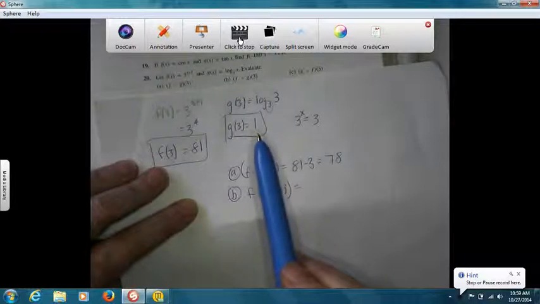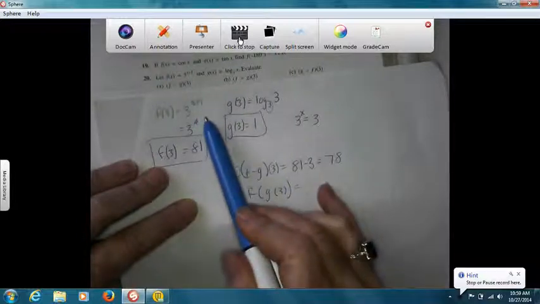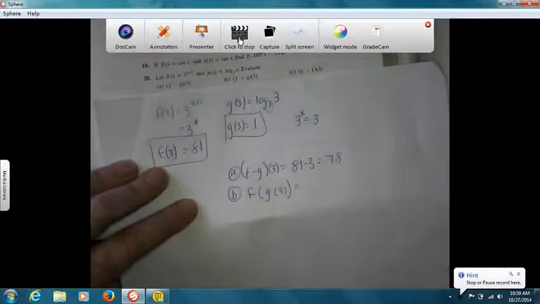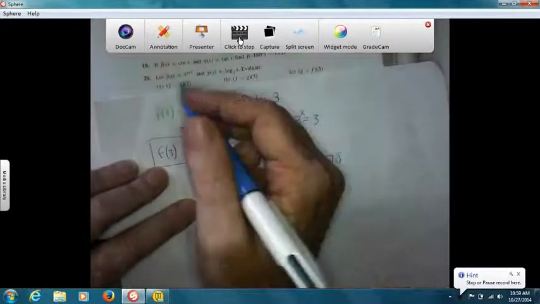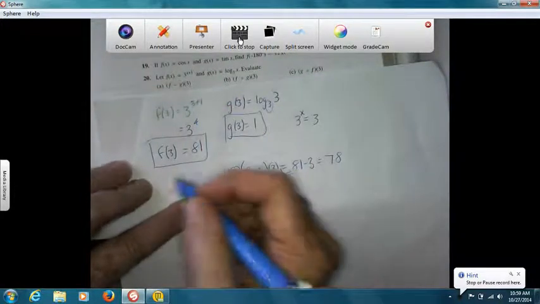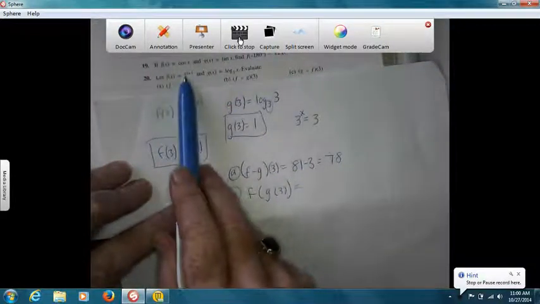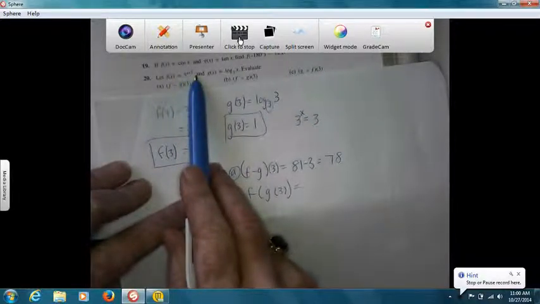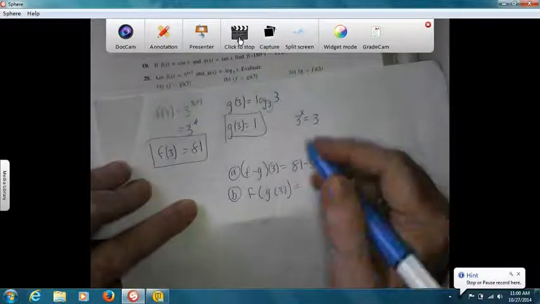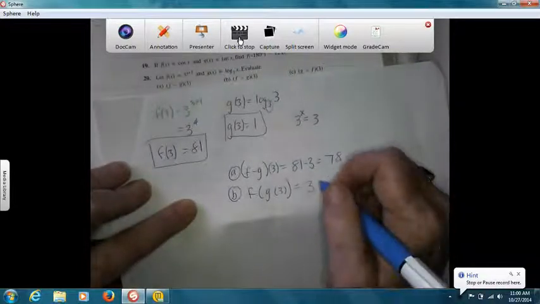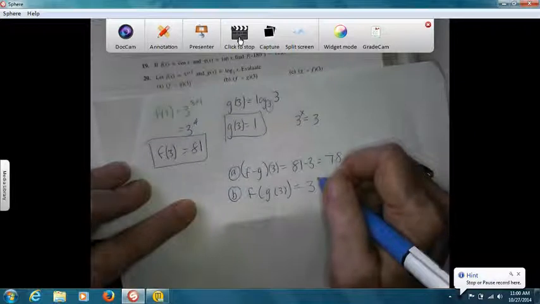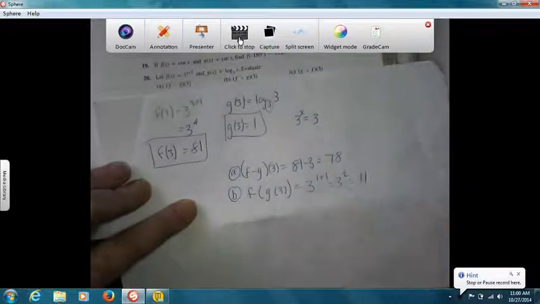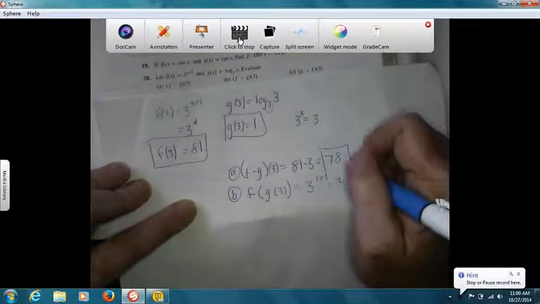Plug that into the f function: 3 to the 1 plus 1, because I'm plugging 1 in. That equals 3 squared, which equals 9. Okay, so here's my two answers.